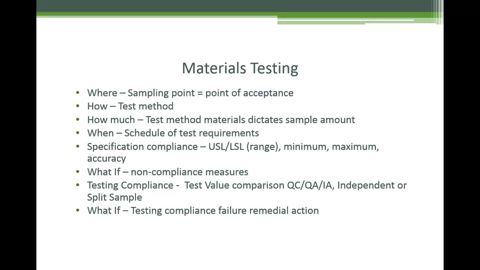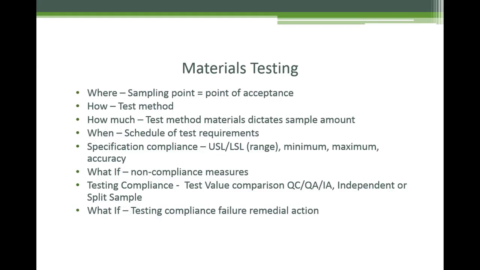And then with QC, QA, the loop that closes the circle with QC, QA, IA is we have to check each other. And this isn't just the test result and whether it meets specification, it's the test result itself.